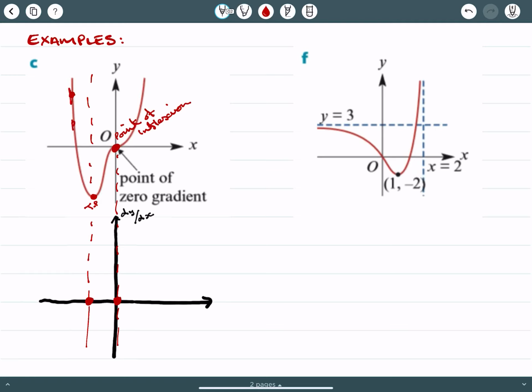So at this point here, okay, we have negative gradients. In between here and moving on here, we have positive and positive.